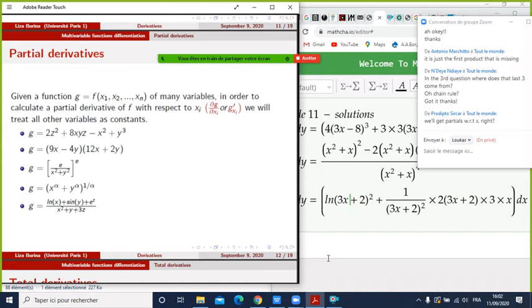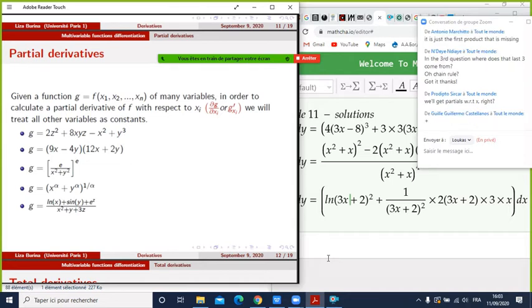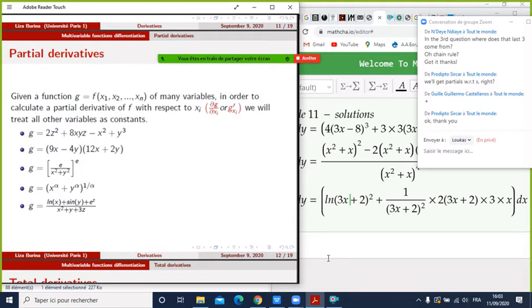We'll get partials with respect to, let's see, with respect to what? Well, I was thinking, let's find partials with respect to everything, but let's just do it with respect to x for now. So your task is to find the partial derivative with respect to just x, and then maybe for some of them I'll show you more.